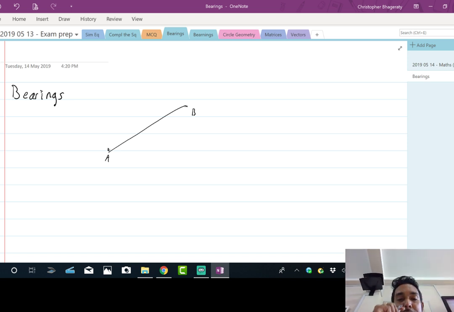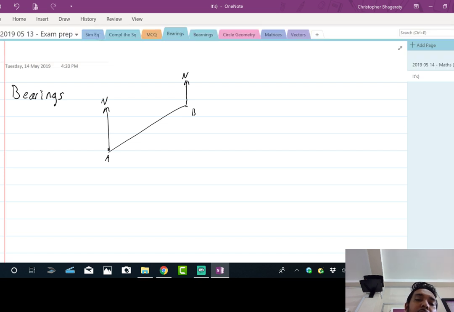And of course, we have a distance between point A and point B. That's a north line there, and this is the north line at B. What a bearing is, in blue, is the angle going clockwise measured between the north line at the start point and the line joining the 2 points together. This bearing, let's just estimate at 50 degrees. This is actually the bearing of B from A.